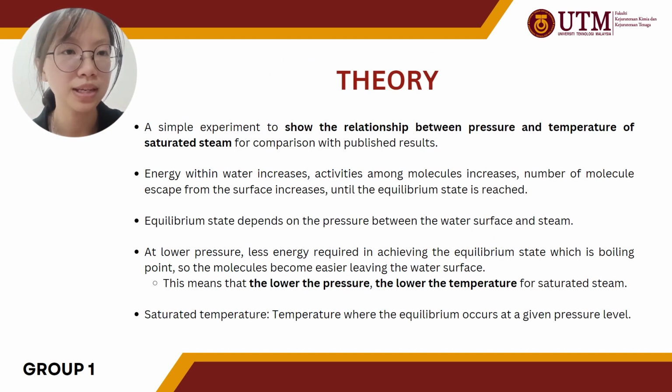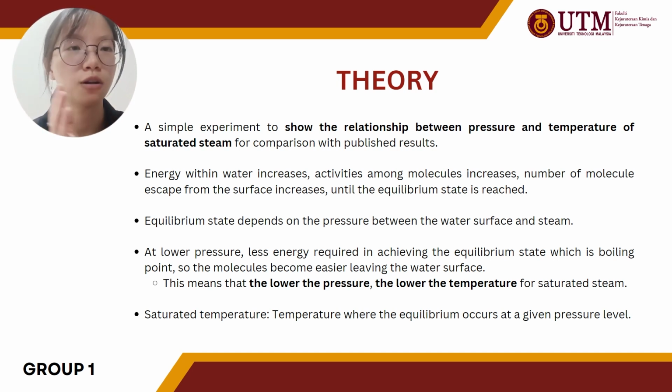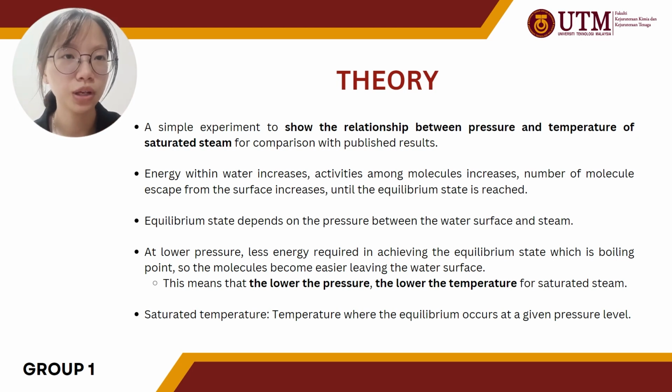A Marcet boiler experiment is a simple experiment to show the relationship between the pressure and the temperature of the saturated steam, for comparison with published results. As the energy within water increases, the molecular activity also increases, and thus the number of molecules escaping from the water surface also increases until the equilibrium state is reached.